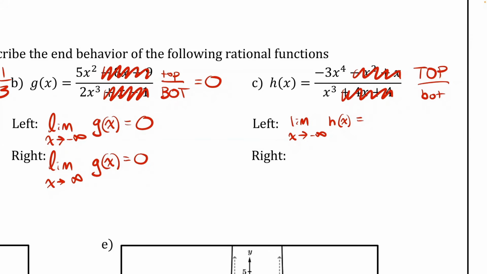You're going down. Why are we going down? Because Anatoly said so. I mean, he's right, but why is he right? No, it's because we have a negative up top and a positive down, so it's negative. It's negative, so it goes down.